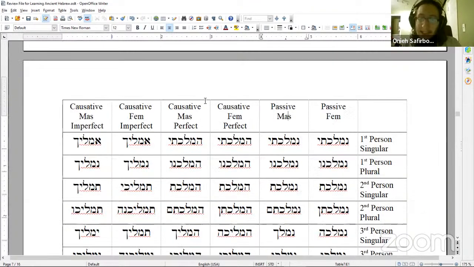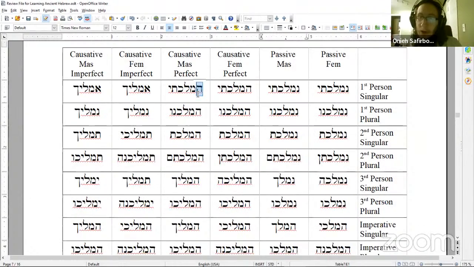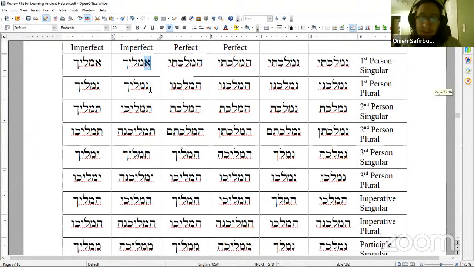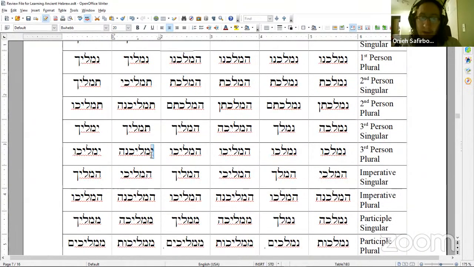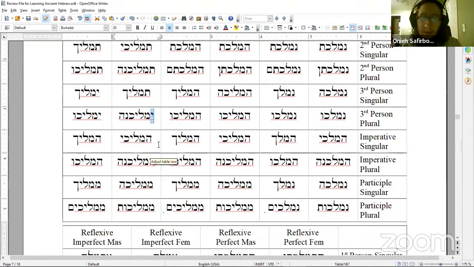So at the beginning of verbs, to signify it's a causative, most of the time you add the hey prefix. And sometimes aleph, and sometimes noon, and sometimes yod for the causative form, and mem as well.